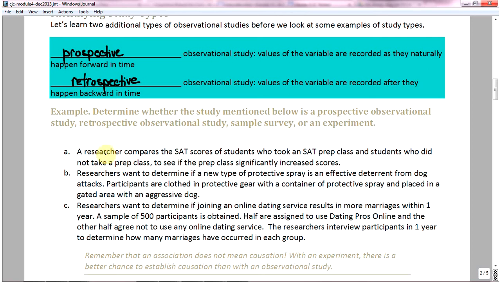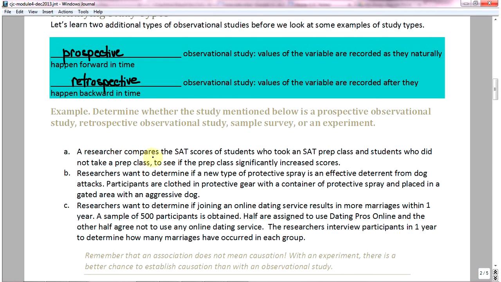Part A. A researcher compares the SAT scores of students who took an SAT prep class and students who did not take a prep class to see if the prep class significantly increased scores. Well, we know that this is not an experiment because the researchers did not assign the students to any particular group.